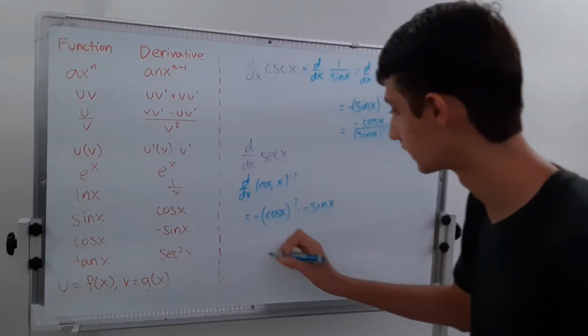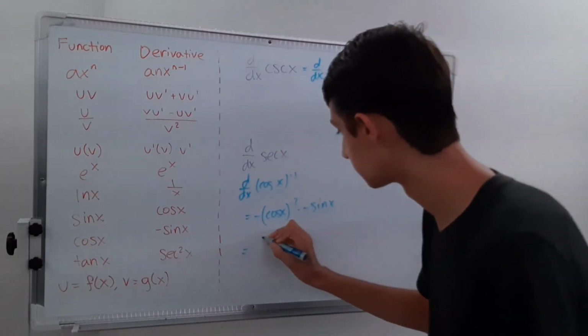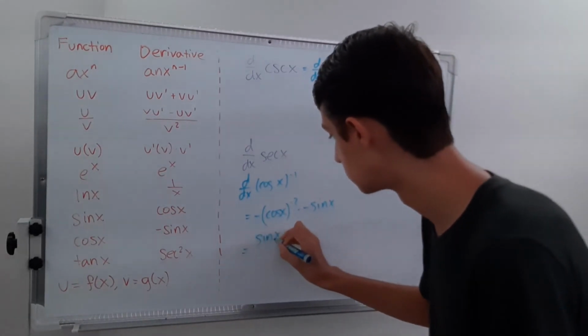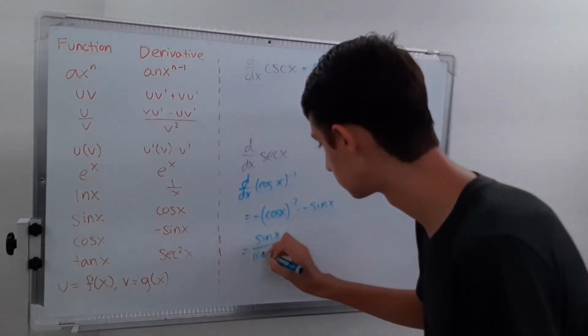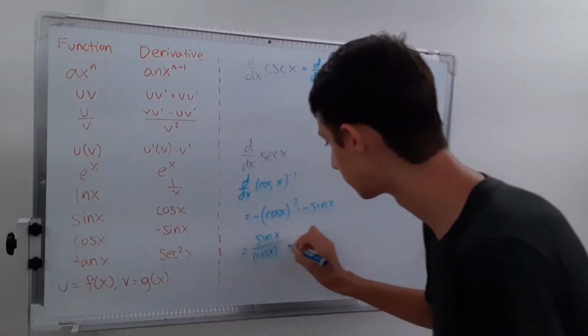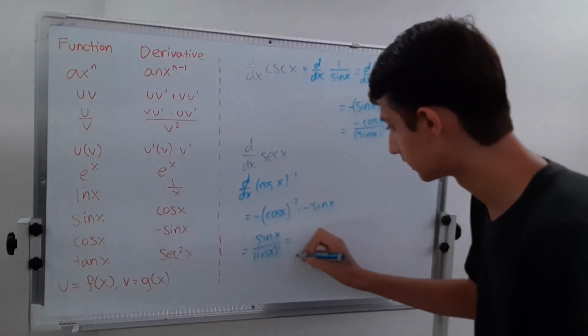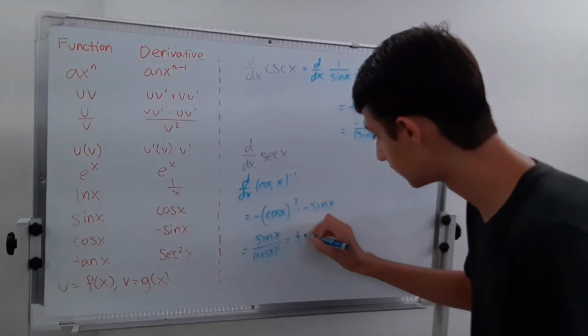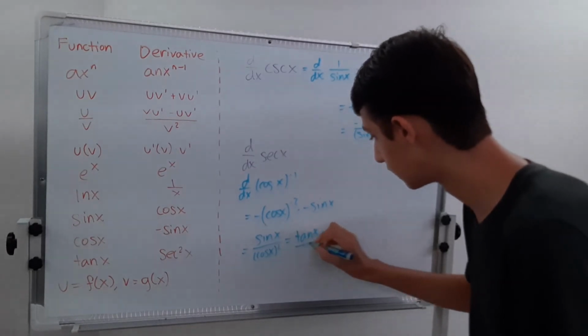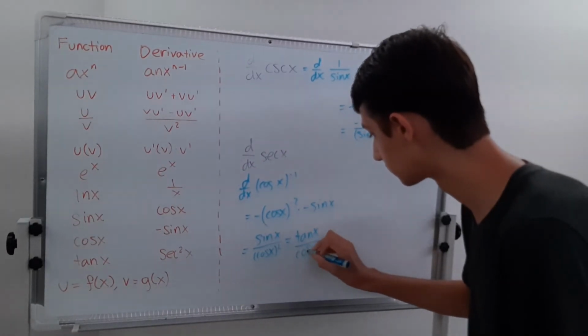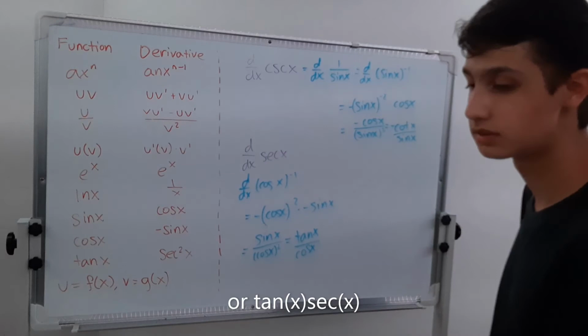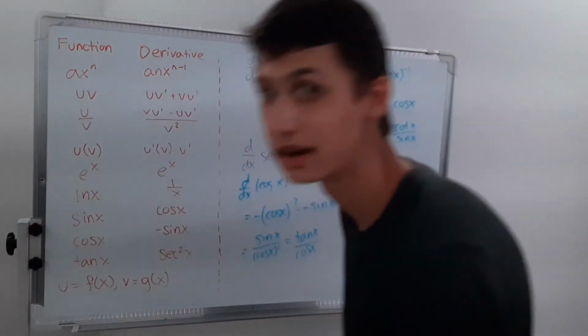This negative and that negative cancel, and we're just left with sine x over cosine x squared, and that is simply equal to sine over cosine is just tangent of x divided by cosine of x, and that is your derivative for secant. So yeah.